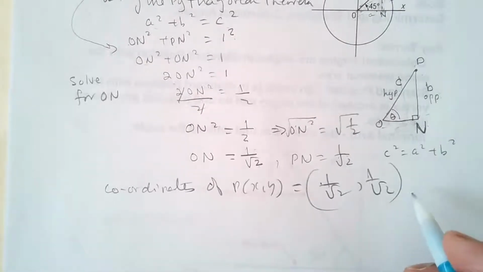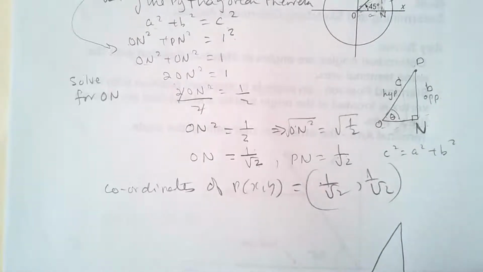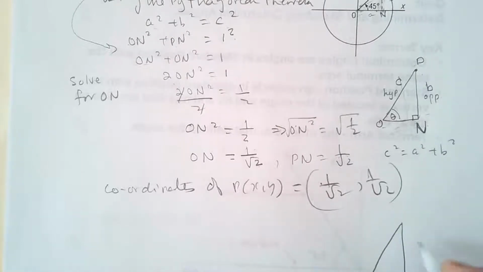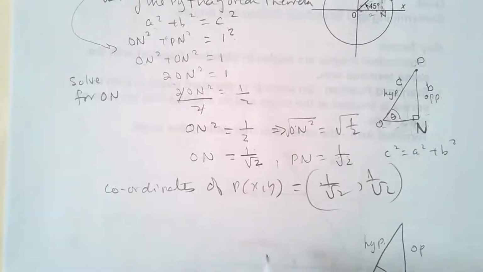When you have a triangle, your reference angle, the opposite side, the hypotenuse, and the adjacent side, we have the trig ratios.